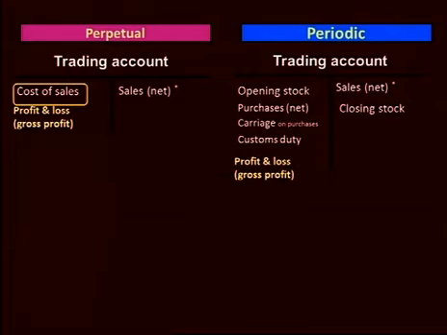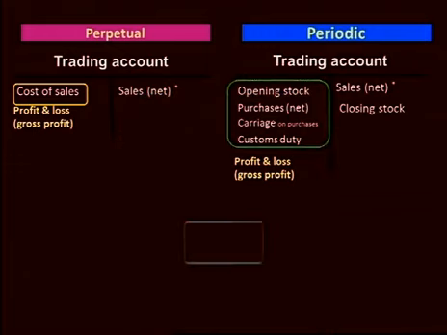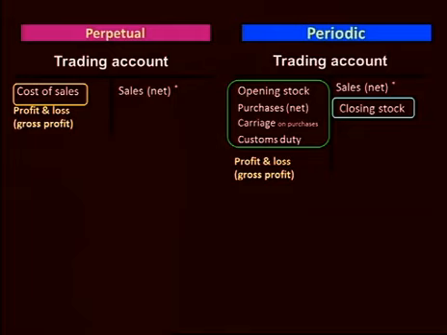So you'll see in the perpetual system, cost of sales is literally an account which is kept up to date all the time from invoices. In periodic, cost of sales is calculated by saying opening stock plus purchases plus carriage on purchases plus custom duties minus closing stock.